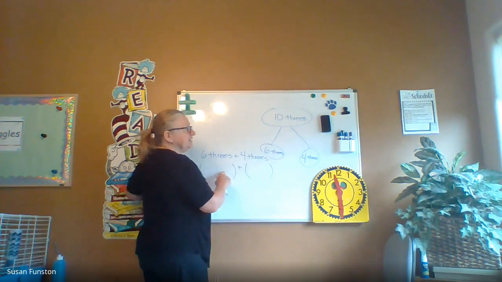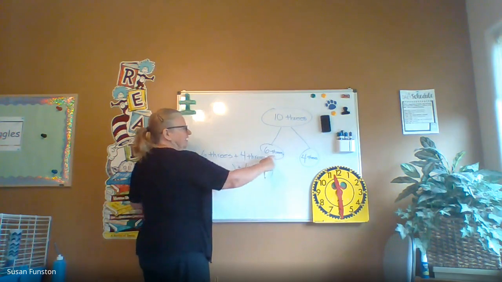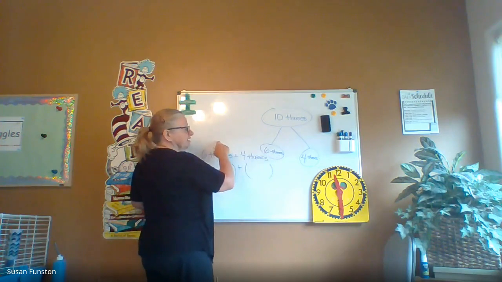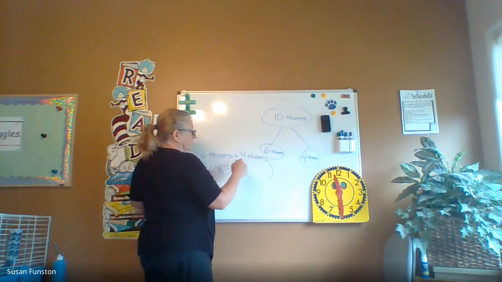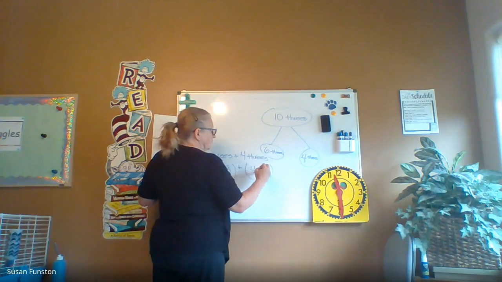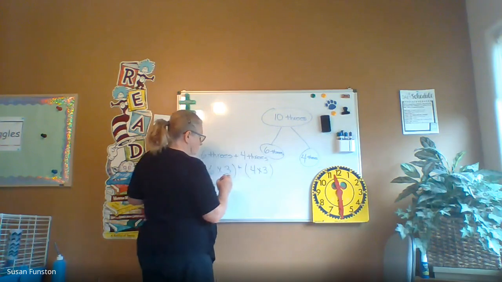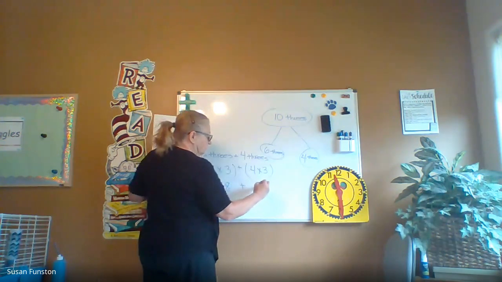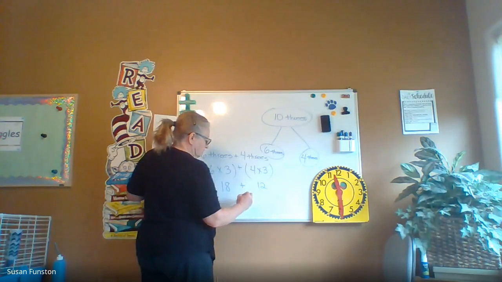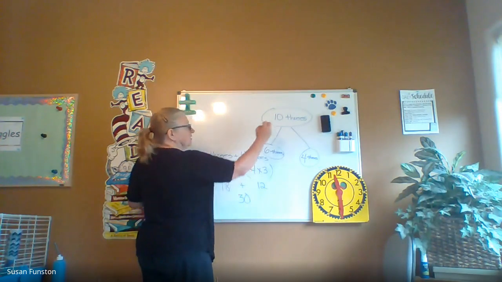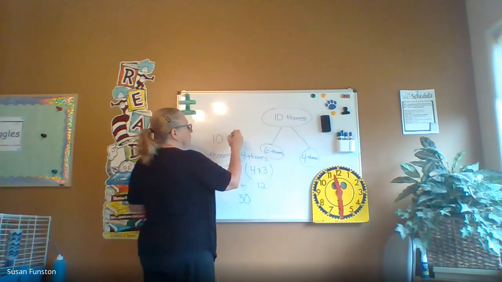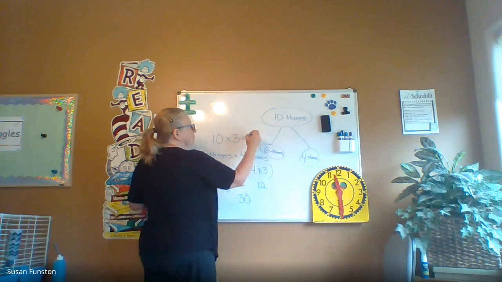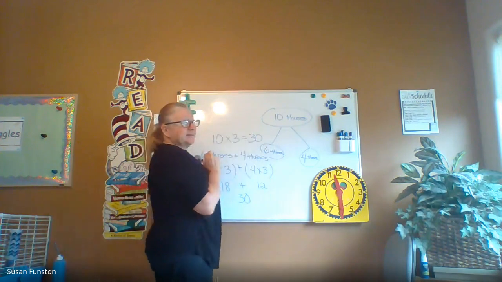How can I do that in numbers? Here I had it in words. What did I have over here? I had it in numbers. 6 times 3. My 4 3s is 4 times 3. 6 times 3 is 18, plus 12 is 30. 10 3s is 30, is the same as 10 times 3 equals 30.